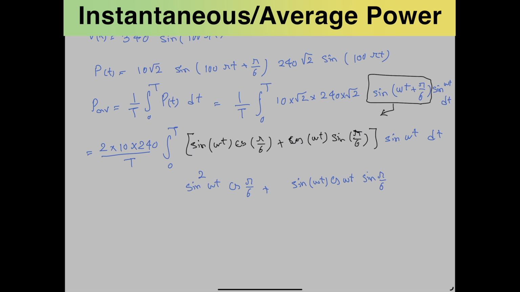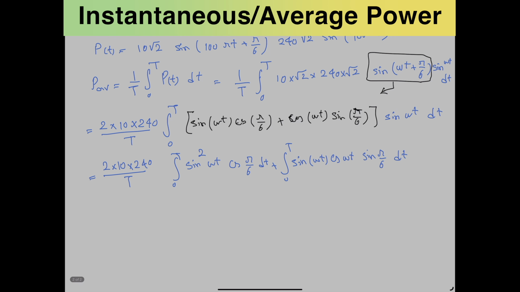And in each one of them, we'll have the integration from 0 to T dt. We'll keep this constant at the very beginning divided by T.